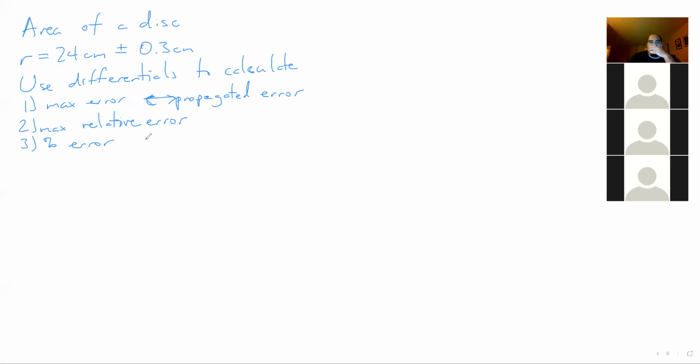Well, we would use the area of the circle to relate all of them. Right. So area equals pi r squared. And our radius is 24, but our max error is going to be 24.3 because it's the maximum. Right.